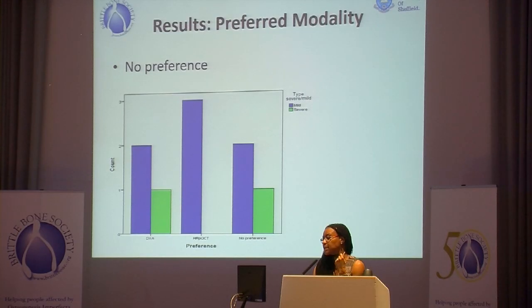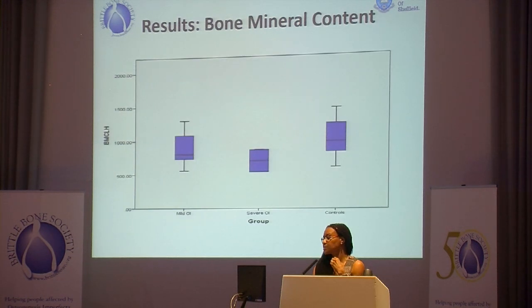And we asked them, there was no real preference for CT or for DEXA. Although the DEXA BMD, bone mineral density from DEXA, was within normal limits, we could actually see that there was a difference in bone mineral content in the OI group compared to the control group.